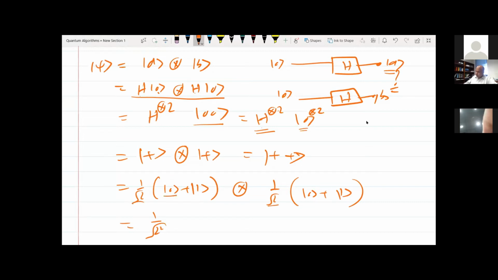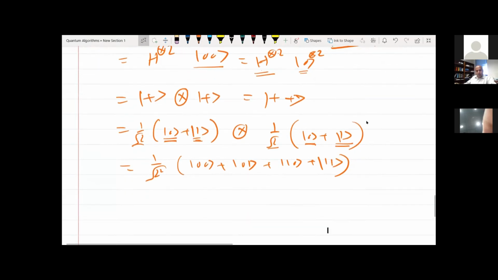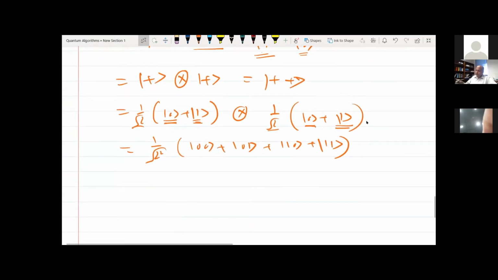Then 0 tensor 0 is nothing but 0, 0. 0 tensor 1 is nothing but 0, 1. 1 tensor 0 is nothing but 1, 0. And 1 tensor 1 is nothing but 1, 1. So this is how we can write it.